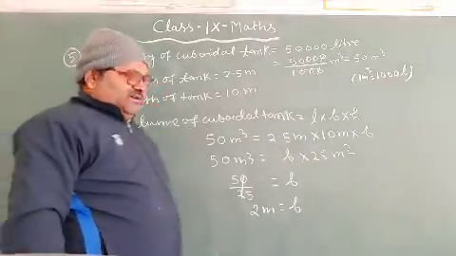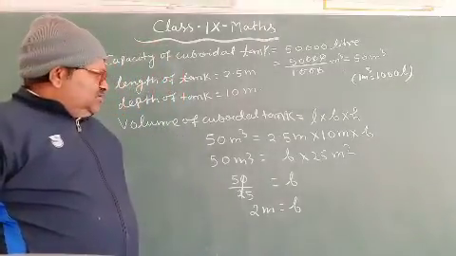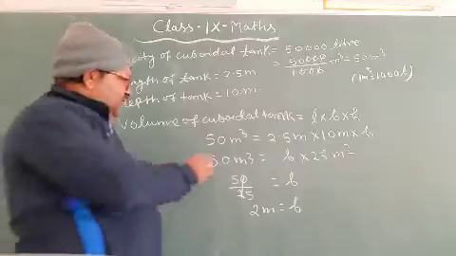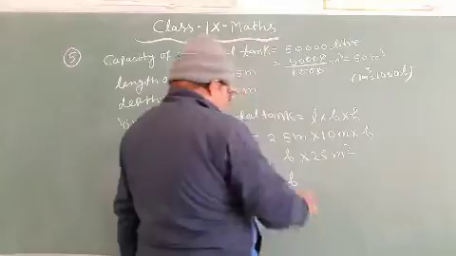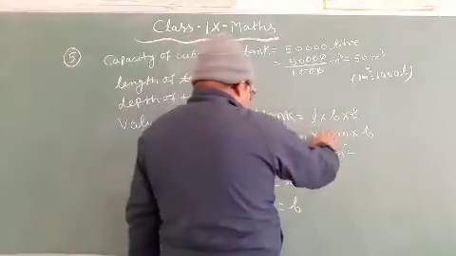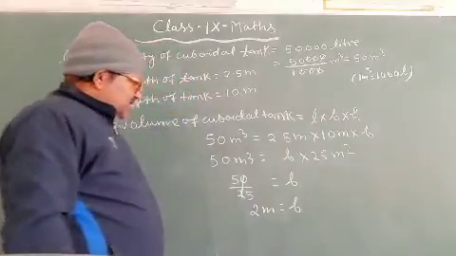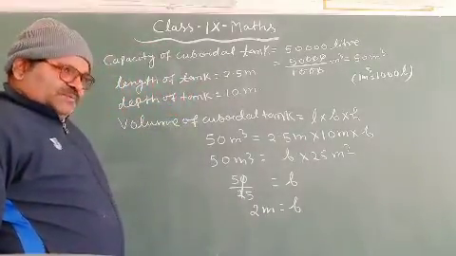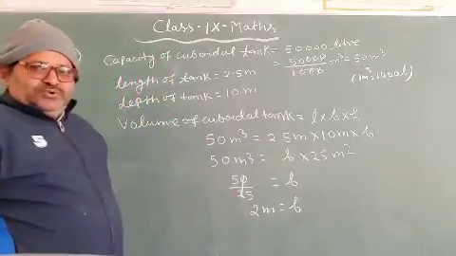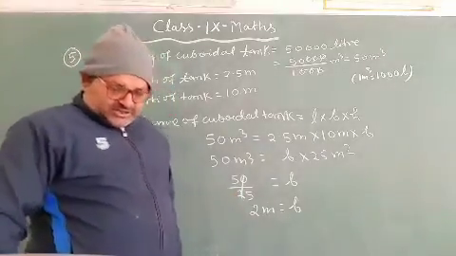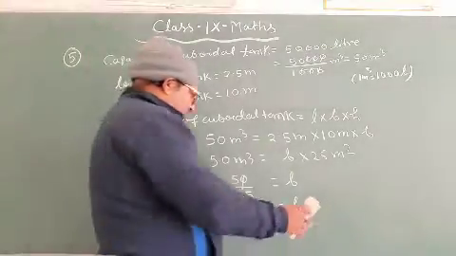The length is 2.5 meter and the depth is 10 meter. So the volume of a cuboidal tank is length into breadth into height, and the breadth is 50 by 25, so we get 2 meter as the breadth of the cuboidal tank. Now the next question.